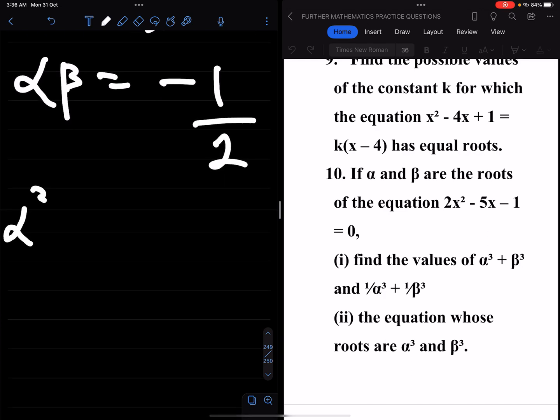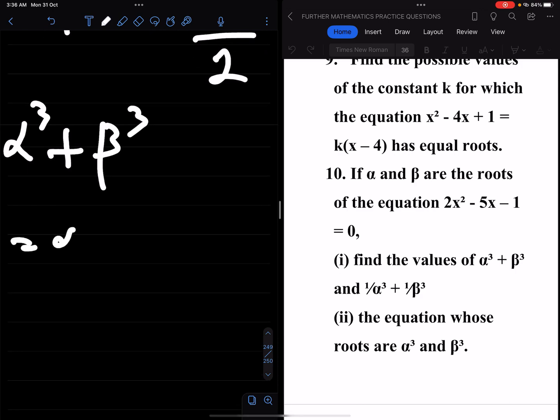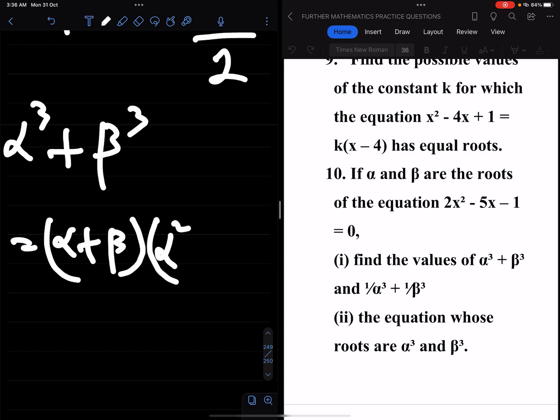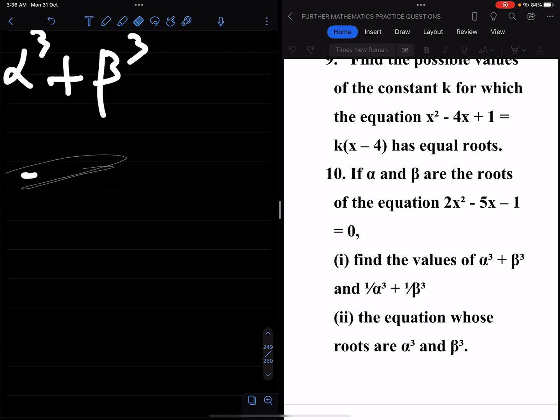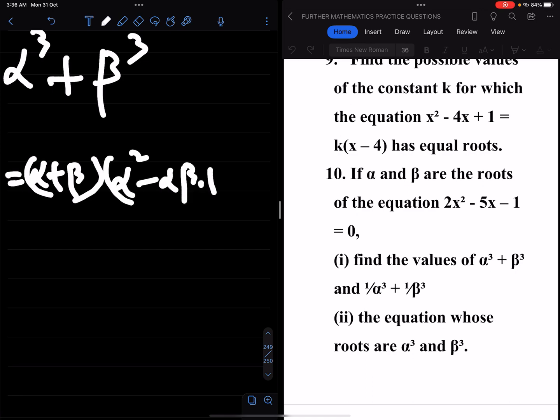Now, alpha cubed plus beta cubed is the same as alpha plus beta times alpha squared minus alpha beta plus beta squared. Alpha cubed plus beta cubed is the same as alpha plus beta times alpha squared minus alpha beta plus beta squared.